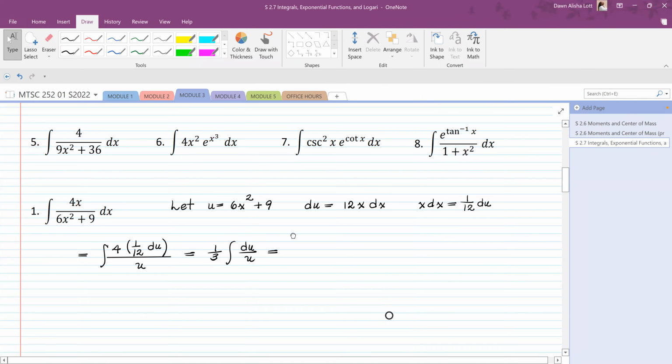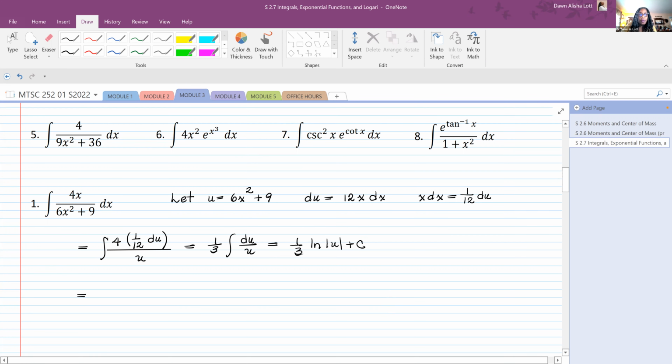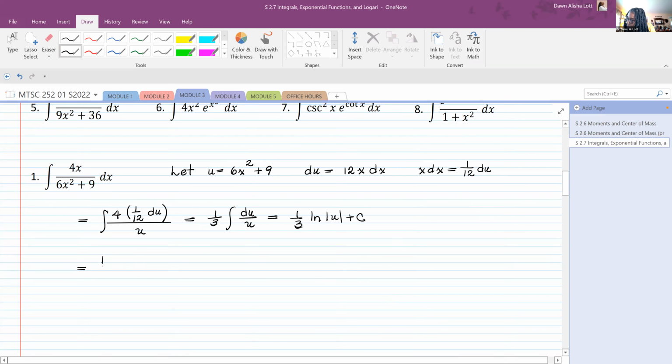Okay. So there's 1/3, the natural log of the absolute value of u plus a constant. So my answer is 1/3 the natural log of the absolute value of 6x squared plus 9 plus a constant. All right, one down.